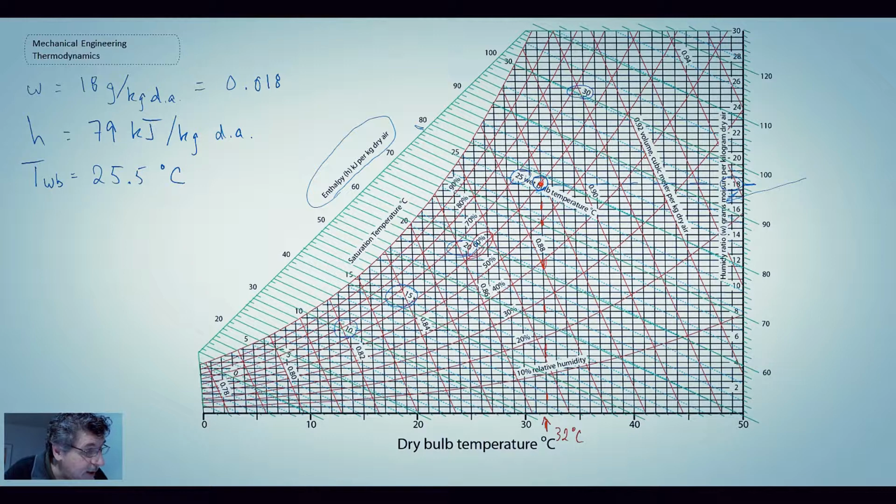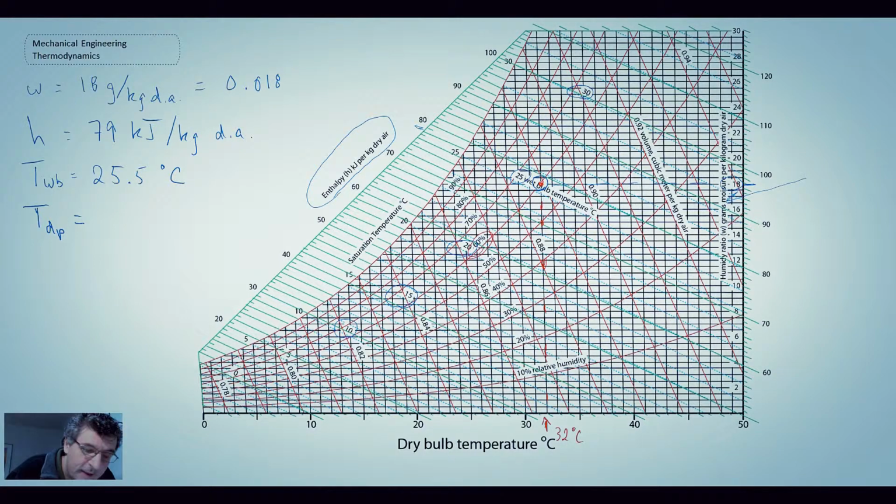Next thing they want is the dew point. The dew point is the temperature at which water starts to drop out. We lower the temperature, and then we get to the saturation point where water starts dropping out. That's when you get condensation, dew forming on a morning on your car, for example.